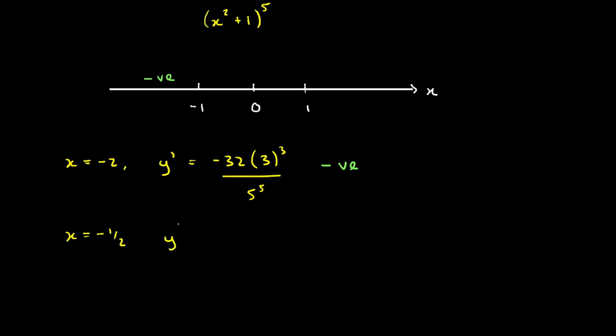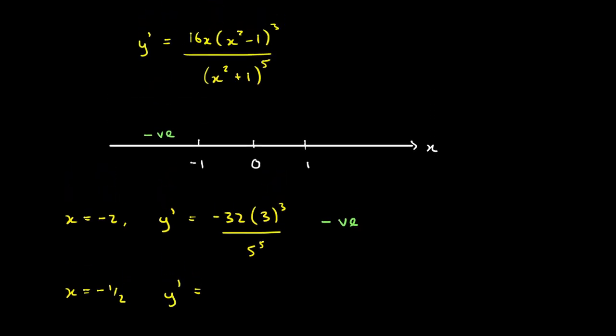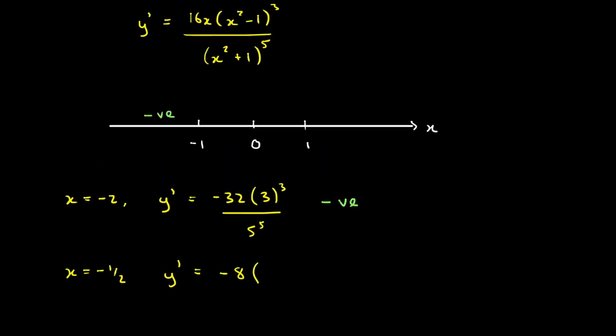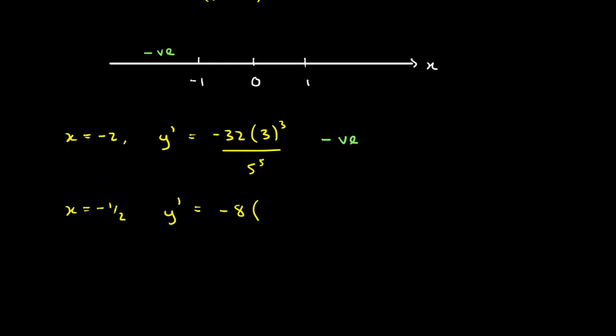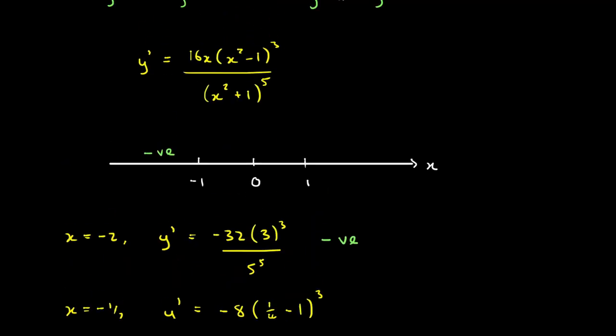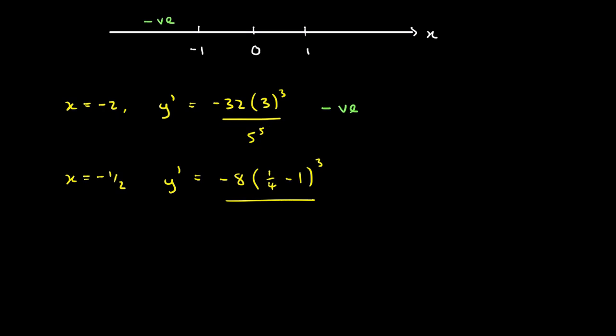That means that y prime is equal to 16 times negative 1/2, that's negative 8, and then negative 1/2 all squared, which is positive a quarter, minus 1 to the power of 3, over negative a half squared, which is again positive a quarter, plus 1, so a quarter plus 1 to the power of 5.